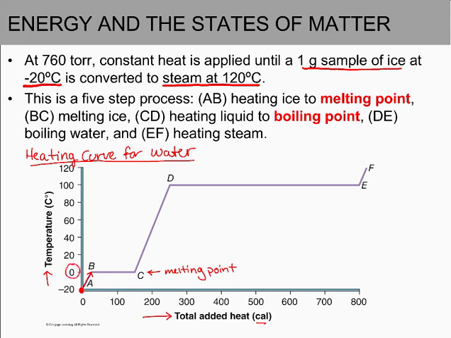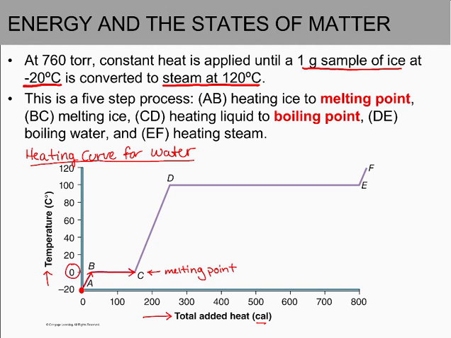Now, the melting point will be different for different substances, but this is for water in particular. Once we hit that point of 0 degrees Celsius, the ice is actually going to start melting. So at that point, we'll have a mixture of solid and liquid. You'll notice that that line is flat compared to the previous line from A to B, which was increasing.